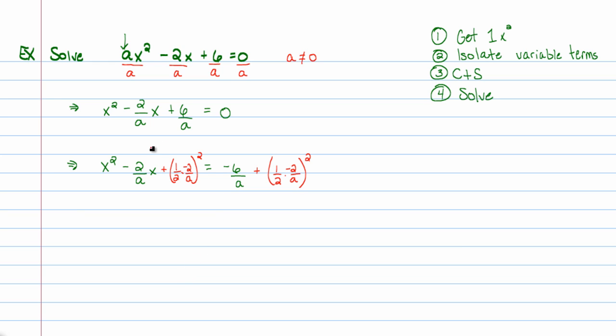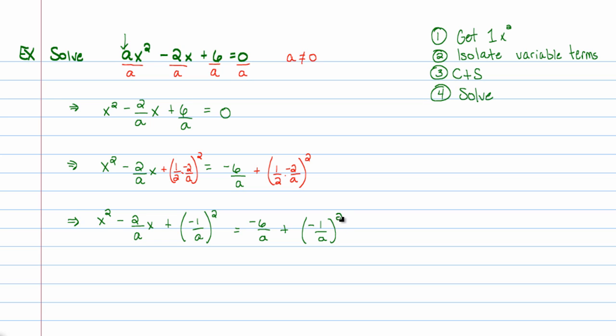So let's clean up inside the parentheses first just to see what that looks like before I start factoring. X squared minus 2 over a times x plus, the 2 goes into that 2 once, so I get negative 1 over a being squared, is equal to negative 6 over a plus negative 1 over a being squared.